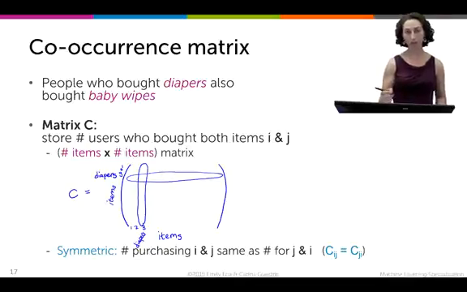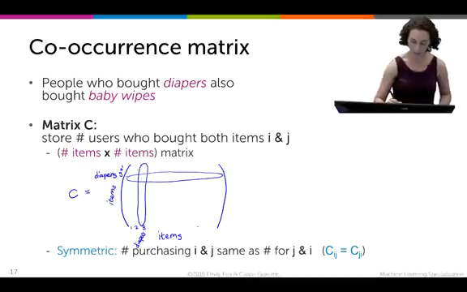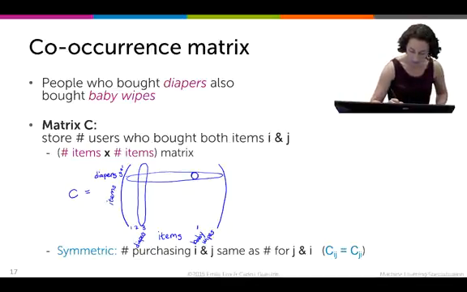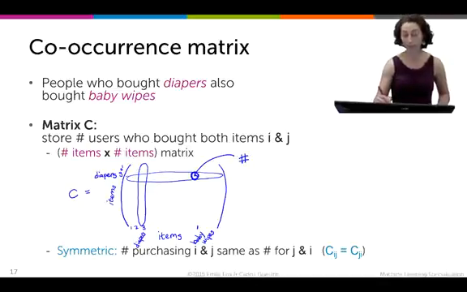If I want to say that many people purchased diapers and baby wipes, let's look at the row for diapers, and then scroll over to the column for, let's say, baby wipes. In this entry of the matrix, there's some number entered, and that number represents the number of people purchasing both diapers and baby wipes.